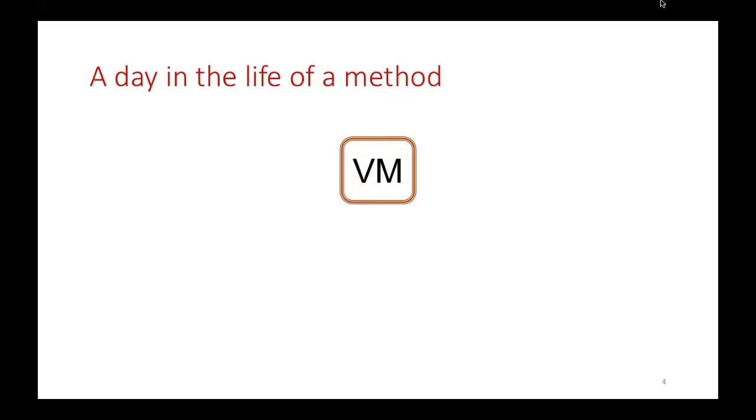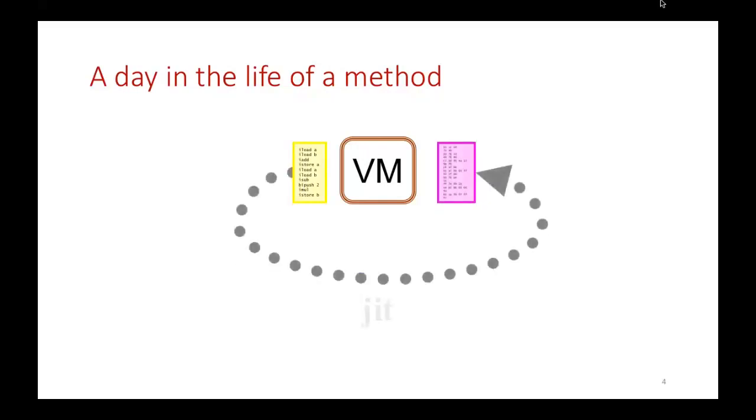Given some virtual machine, I'm going to assume it's Java, what you start off with is Java bytecodes. Normally your virtual machine is just going to interpret those bytecodes. What we're really talking about here with this compiler technology is how do we take those bytecodes and compile them at runtime into native instructions, into binary code that can actually be executed.